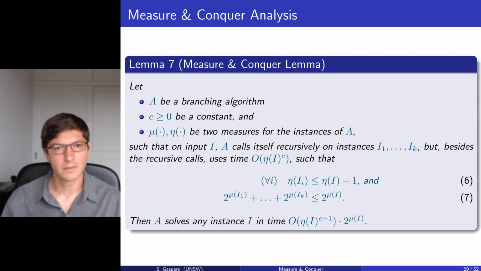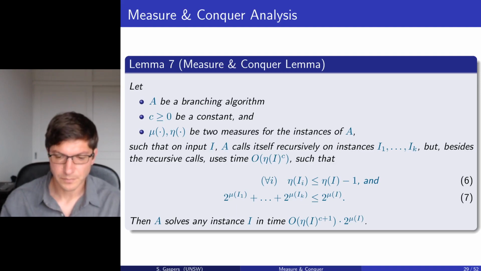And so instead of the simple analysis lemma, now we need something slightly more powerful. The setup is very similar. A is some branching algorithm, c is some constant that upper bounds the running time at a node of the search tree, and now mu and eta are 2 measures of the instances of the algorithm.